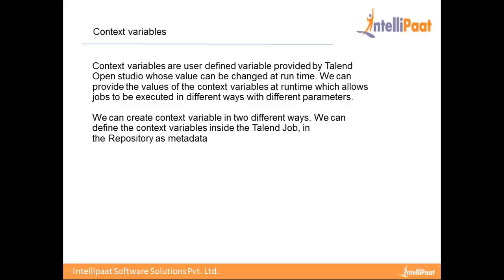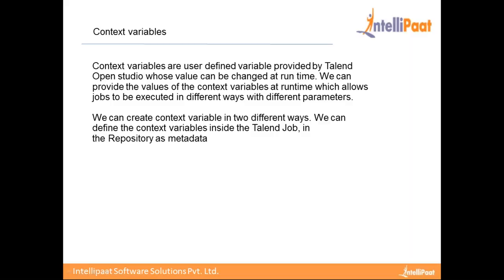Instead, they are environment specific. You have three different servers for development, production, and testing. So instead of giving a hard-coded value to the Talend job, you can define a variable which will be treated as a context value, and based on that context, it will take whatever value is defined for that host name or server name for a particular environment.